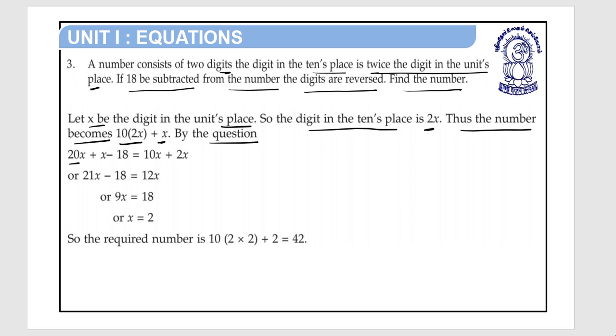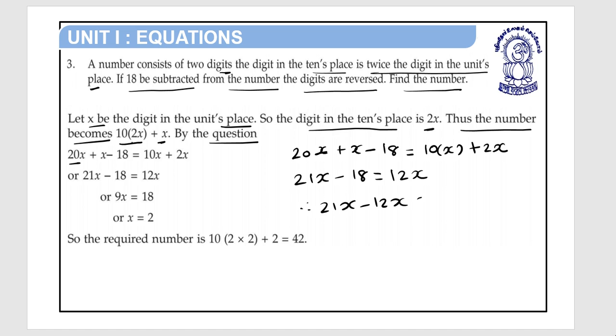By the question, 18 subtracted from the number, 20x plus x minus 18, is equal to the number with digits reversed, that is 10 into x plus 2x. So 21x minus 18 is equal to 10x plus 2x, 12x.